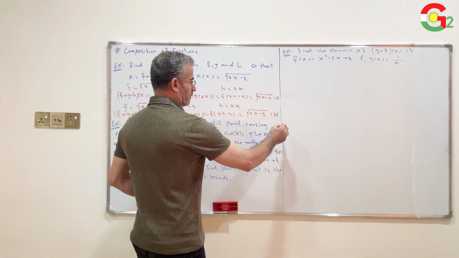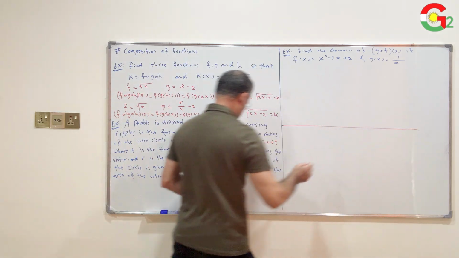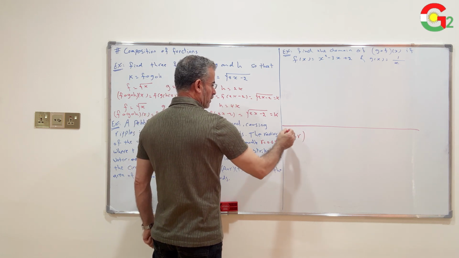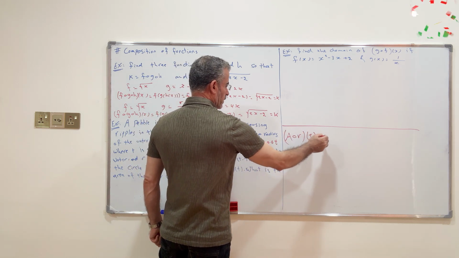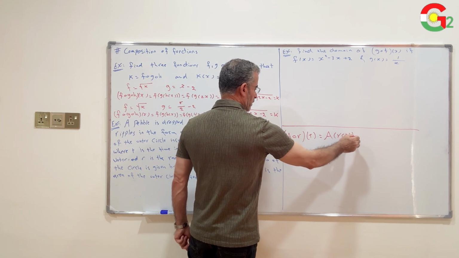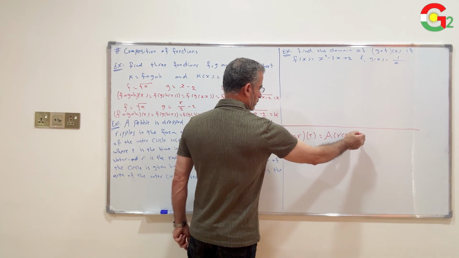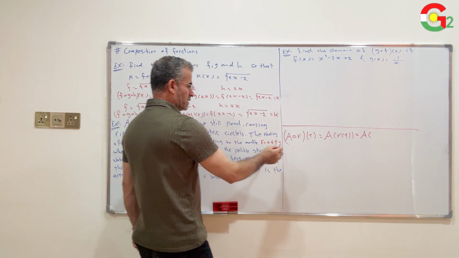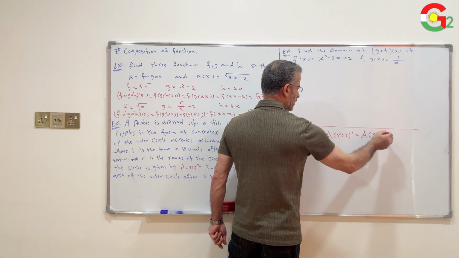Let me solve this question here. (A of r) of t equals A of r of t, and r of t is 0.6t.